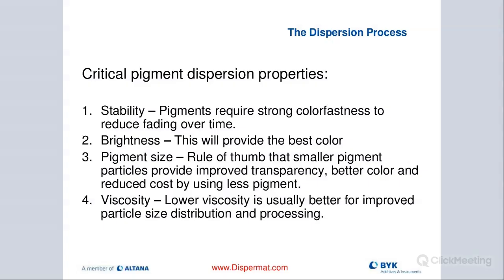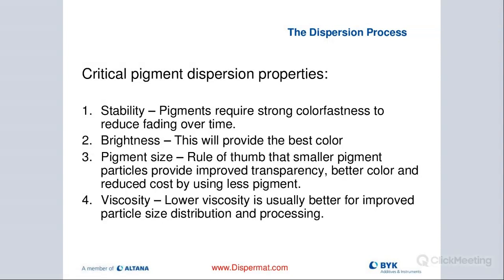So here are some critical properties. Obviously, with pigments, we want to have really strong color fastness. They will help us with fading over time. So stability, brightness, the brighter the color, usually the better the color. We also look at particle size reduction.